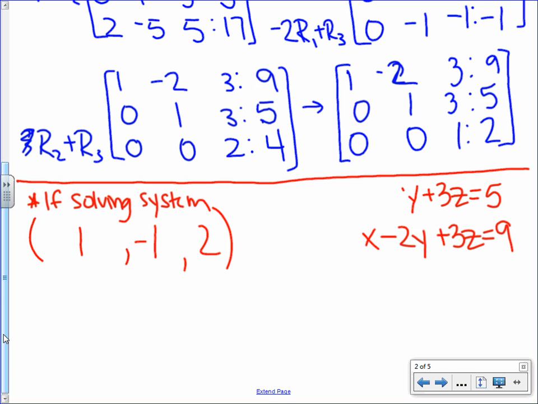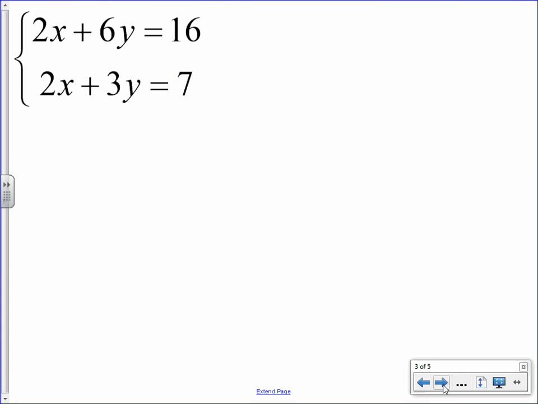So let's try this one. Go and write it down, please.